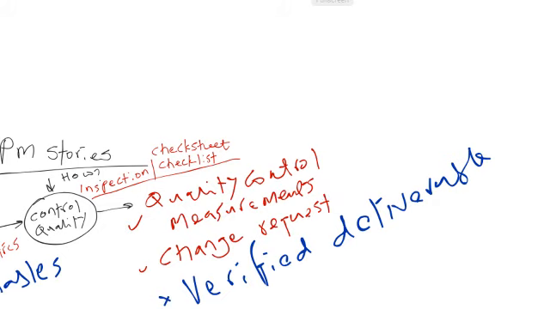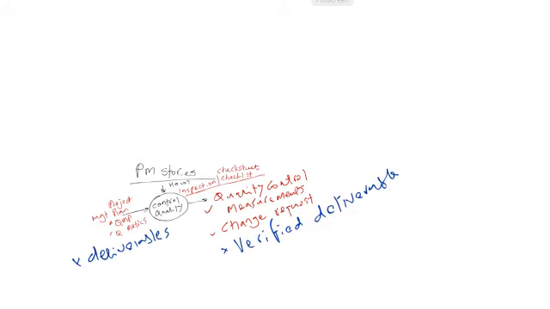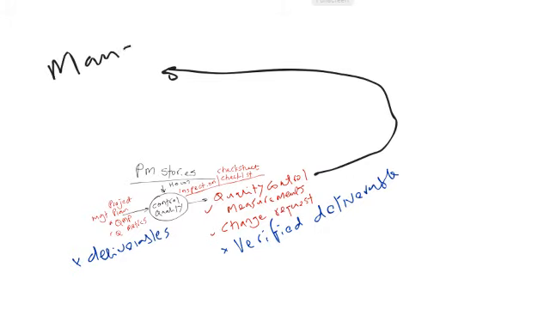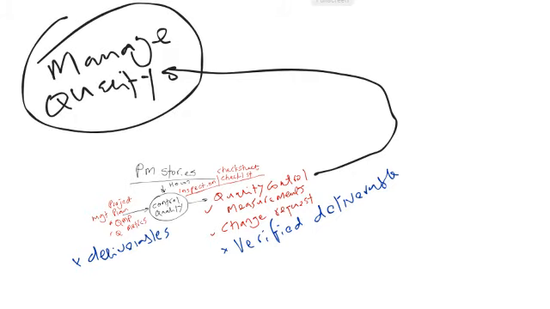Well, the quality control measurements are going to make a journey, and they're going to go from here back to manage quality. Manage quality is a process that is going to take those quality control measurements, and that is now going to become an input to that process.